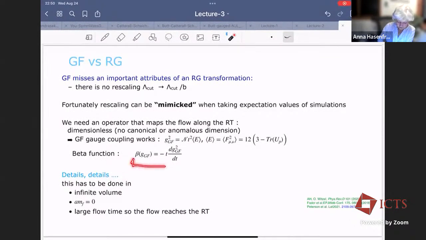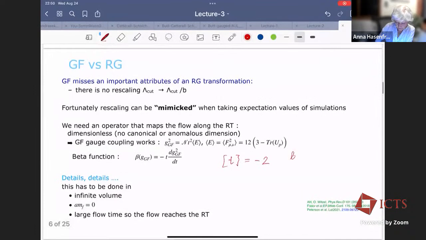And then, of course, we can just take its derivative with respect to the flow time. This minus sign is here because t actually has dimension of length squared, that is, dimension of minus 2 in mass. So if I want to define the beta function the usual way, I have to put in a minus sign. The 2 is okay.